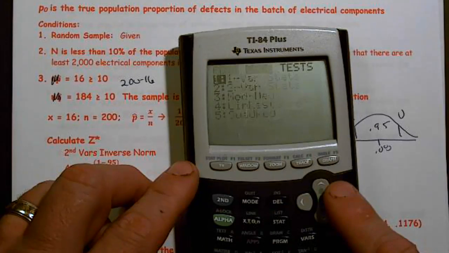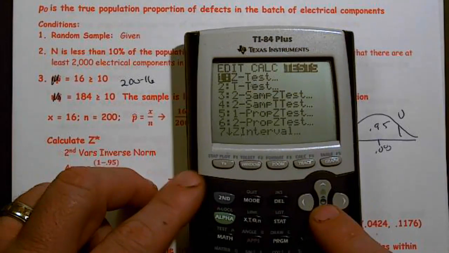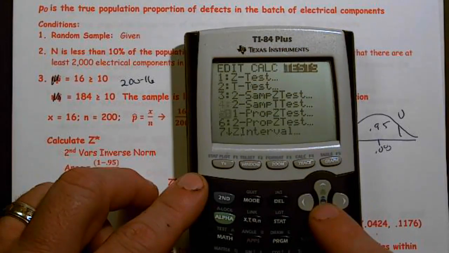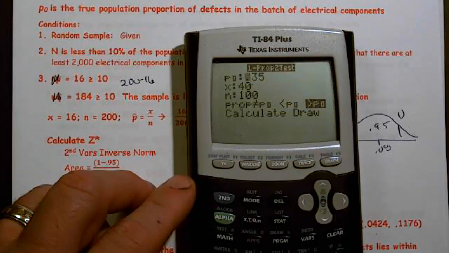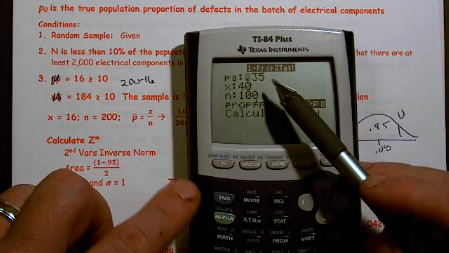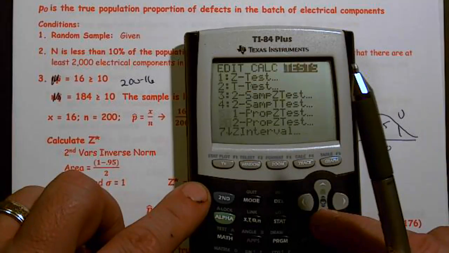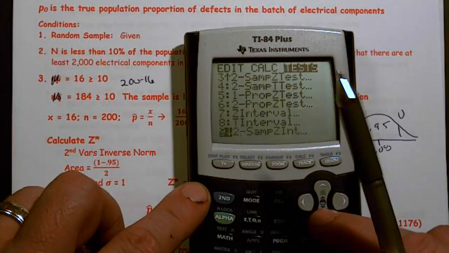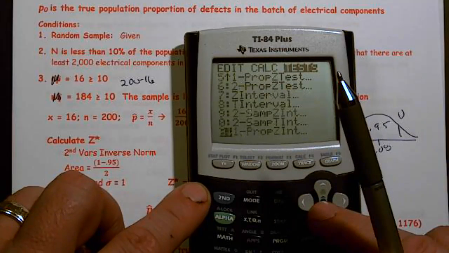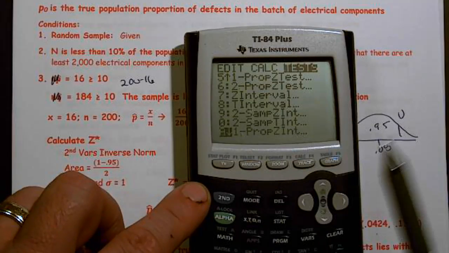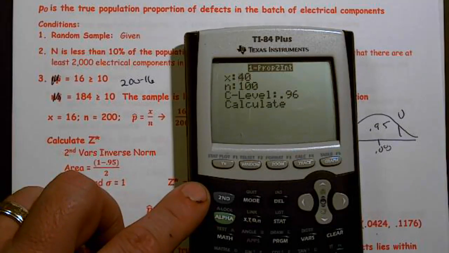So stat test, 1 proportion z test, and our, oh, I'm sorry, I should have gone stat test, 1 proportion z interval, because we're running a z interval. So that's letter A down here. And our x, the number of defects, was 16 out of 200. And we want a 95% confidence interval, so 0.95.